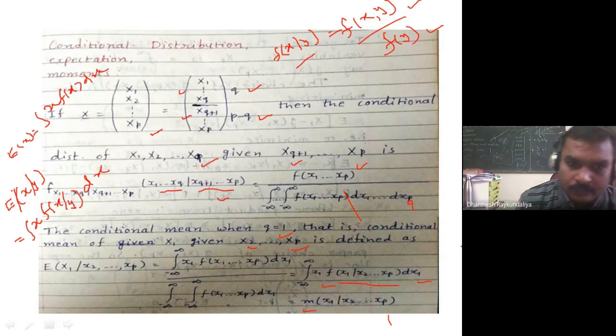Similarly here, because I am interested in finding the conditional expectation of x1 given x2 up to xp, I have written the conditional density f of x1 given x2 up to xp, and you integrate over dx1, which gives the conditional expectation of x1 given x2 up to xp, and we denote it by m. Is that clear up to here?